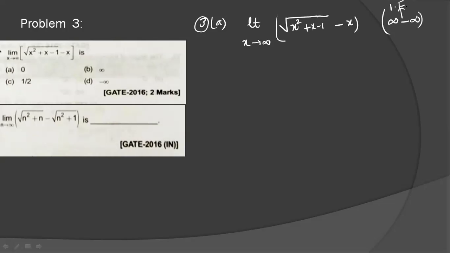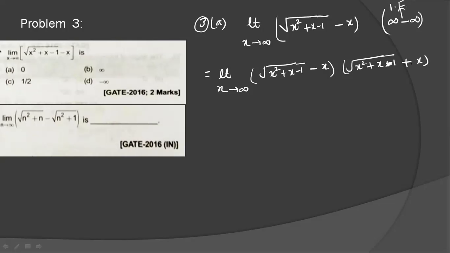When you get under root or cube root in such a form, you use rationalization. Rationalize the numerator here. You just multiply this factor with opposite sign in numerator and denominator. It will be minus plus x, and in the denominator, it will be under root x square plus x minus 1 plus x.